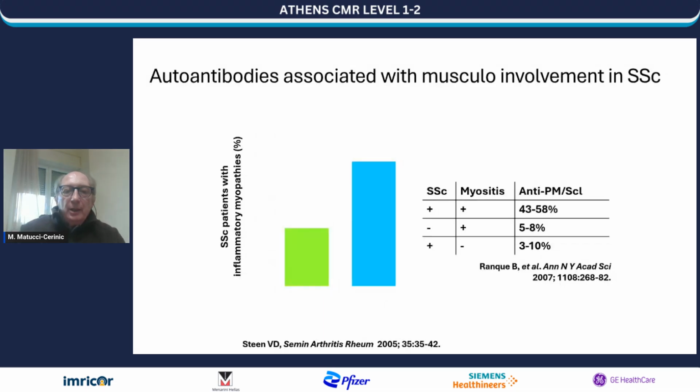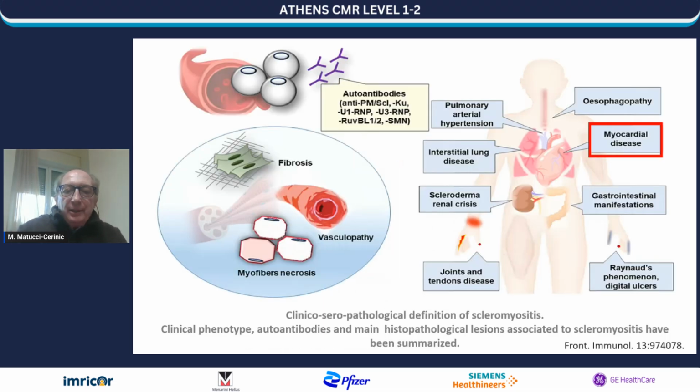In this slide, you may see that the autoantibodies determine the presence of the muscle involvement, and the muscle involvement is tightly linked, you see here in the red frame, to the myocardial disease. And you see all the others that we can see.